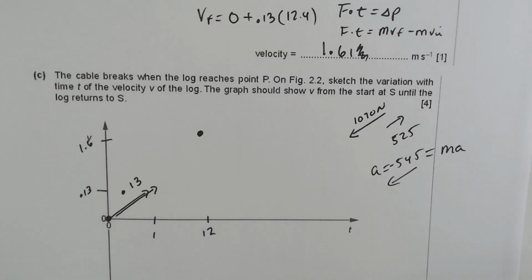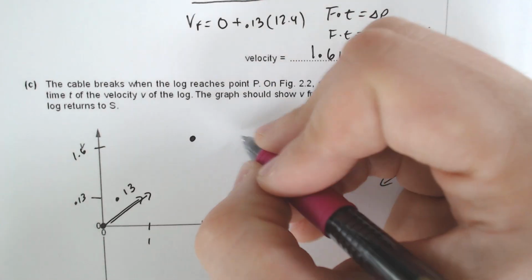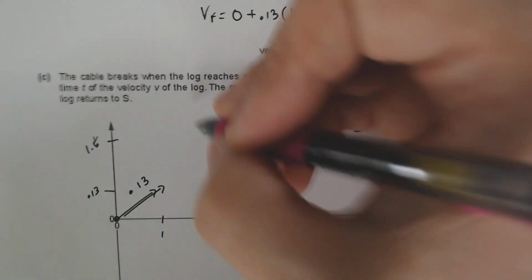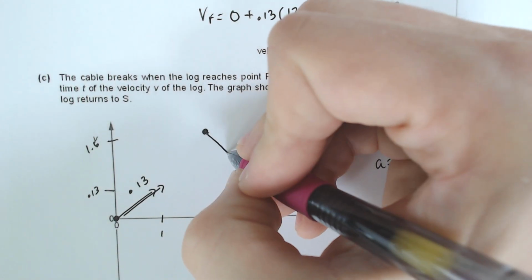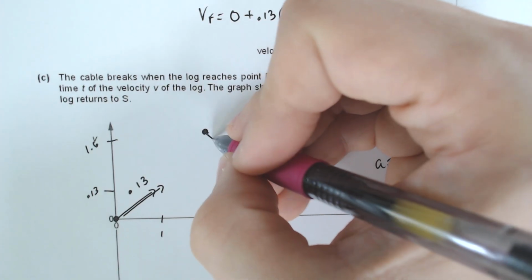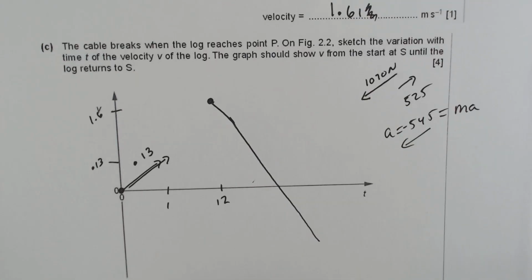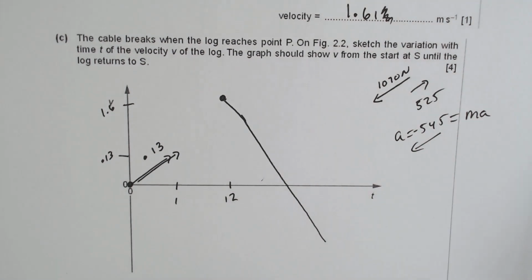All right. After it broke, it continued to go up. But as it continued to go up, it would still have a positive velocity. And then eventually it is going to have a negative velocity. That would occur at a specific time. We're not asked to find when it occurs, but it would have a negative velocity once it starts going back down the hill.